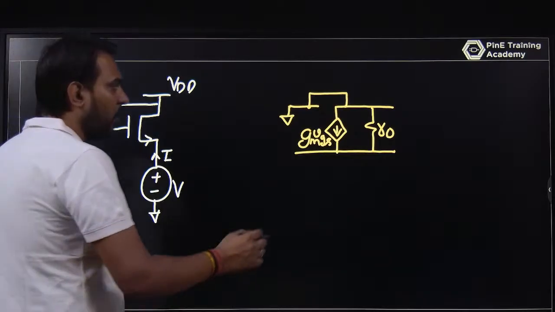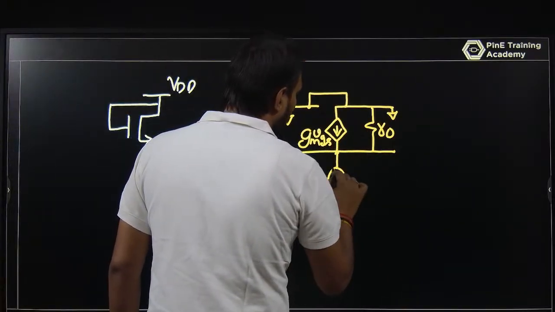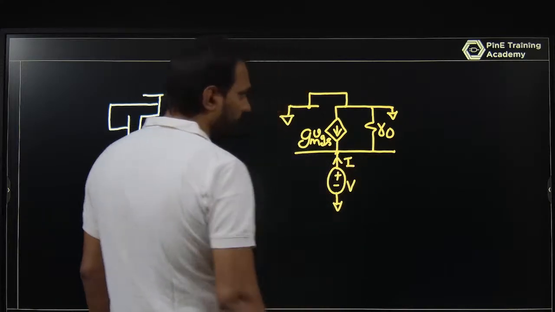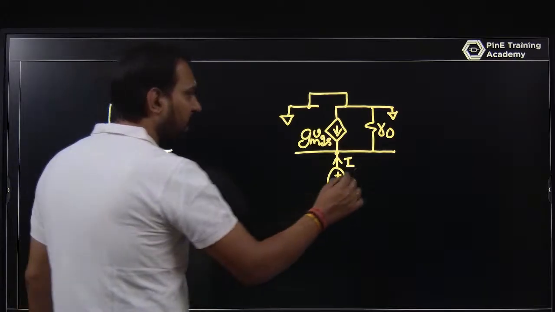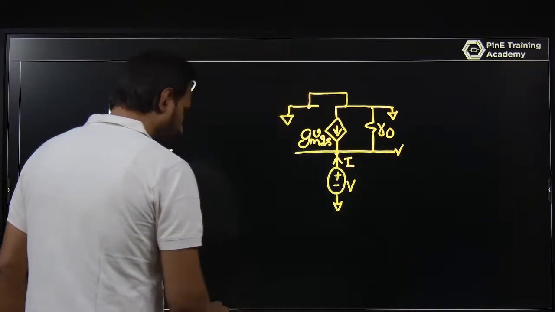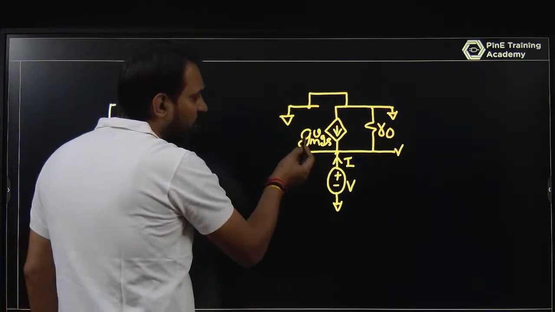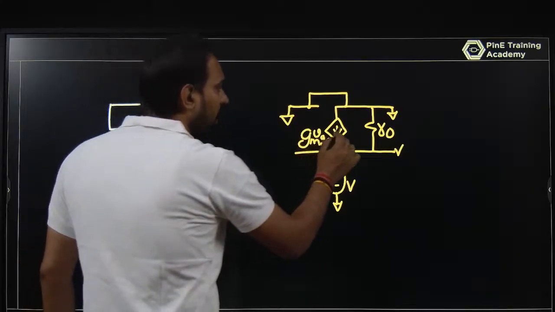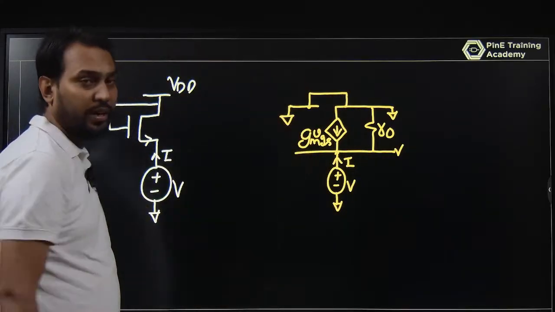This is also grounded, and you have a voltage V here and the current is I. So this node has V. So what is I? Basically VGS is what? The gate voltage is 0 and the source voltage is V, so this is gm V on the upside, or you can say minus gm V on the downside.